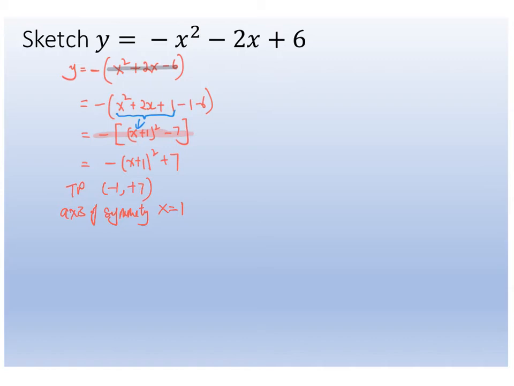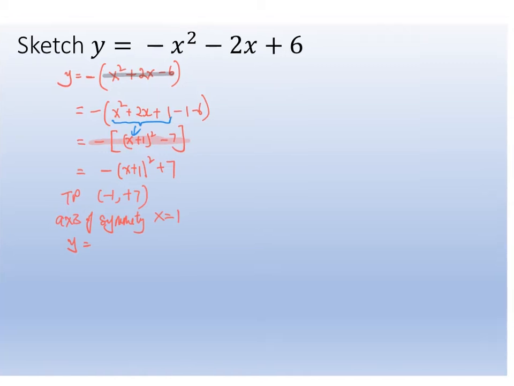Now, the next thing you need to work out is the x-intercept. For the y-intercept, read it from the general form of the equation. The y-intercept is actually 0, 6.